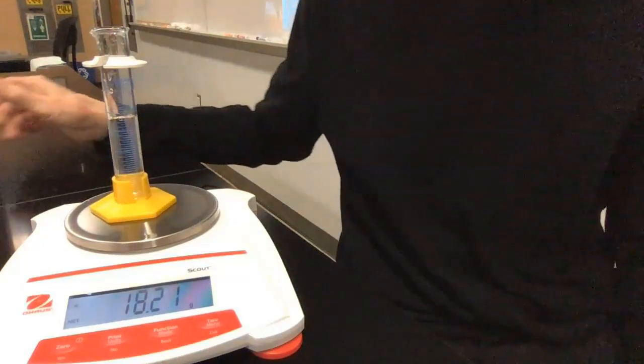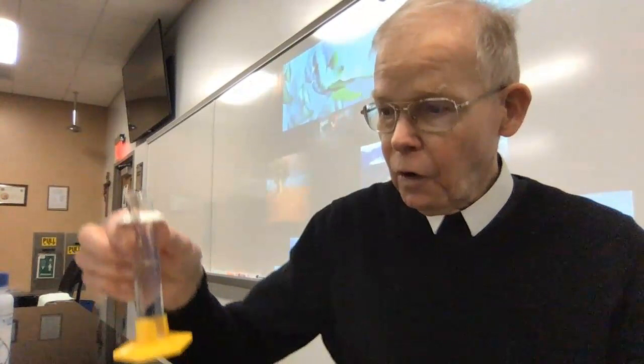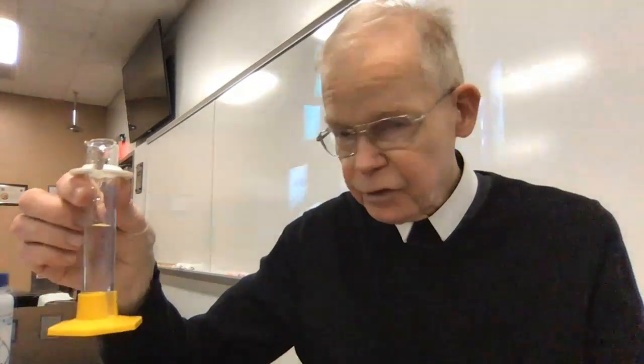Okay, we got 18.21. I've gone over just a tiny bit, but it's still a pretty good measurement. And if I look at the volume on the graduated cylinder, it's about 18 milliliters. So 18 grams of water also matches the volume of 18 milliliters.